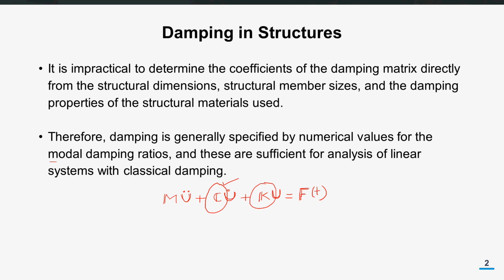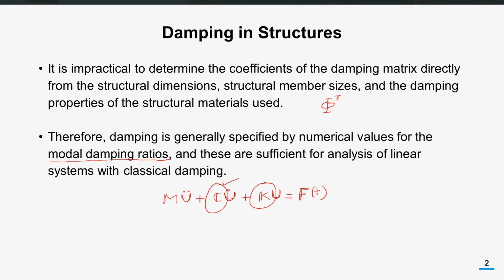So you specify the numerical values of modal damping ratios, and these are sufficient for the analysis of linear systems with classical damping. At this stage, I hope you do understand what is meant by classical damping. Let me quickly review the concept here. Due to modal orthogonality, this matrix Phi, the capital Phi, consists of all the mode shape vectors.